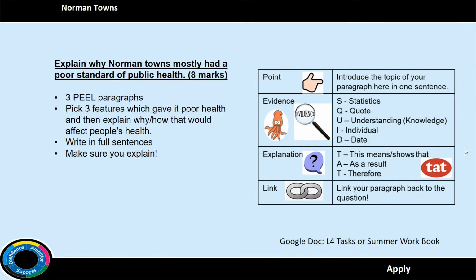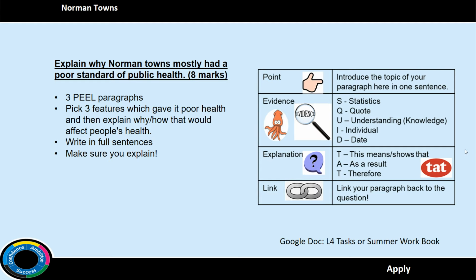Your final task for this section is to explain why Norman towns mostly had a poor standard of public health. Again, 8 marks, so we're looking for 3 PEEL paragraphs. Pick 3 features which gave it poor health and then explain why or how that would affect people's health.